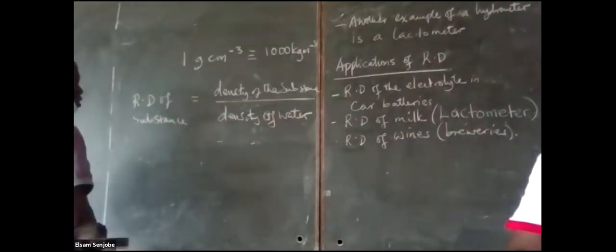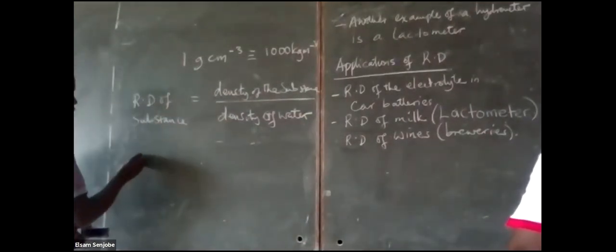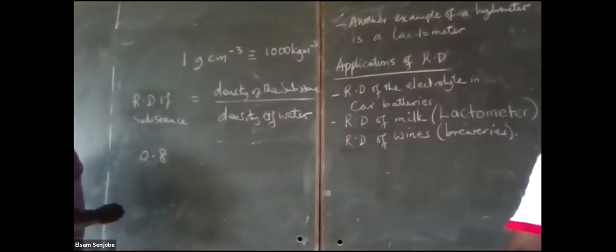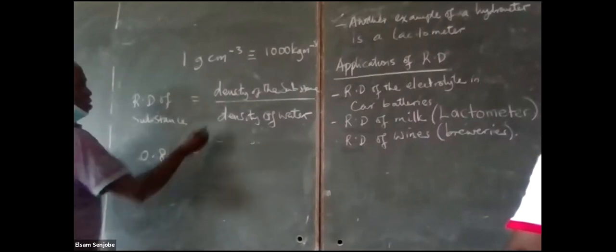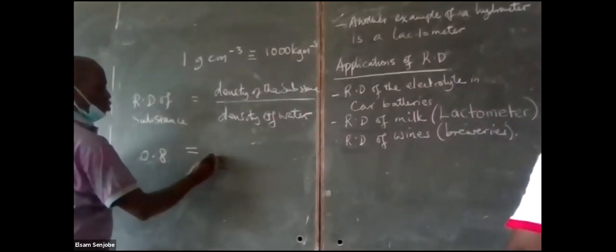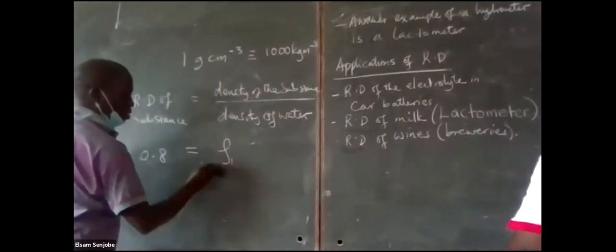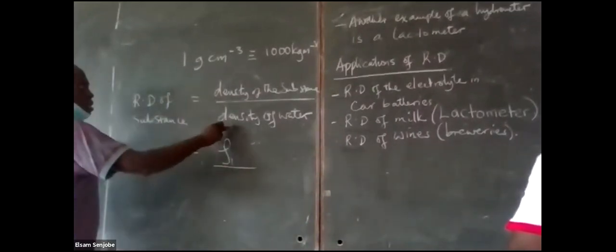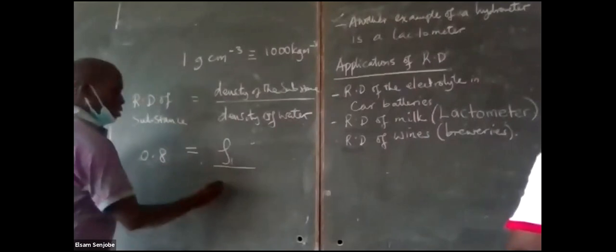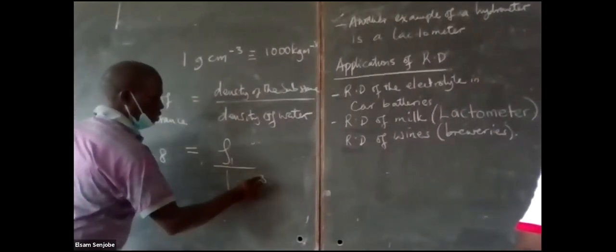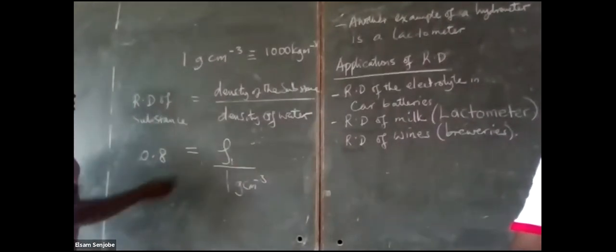Now, suppose you have got a reading of this density as 0.8. That's the relative density. And this side, you have the density of the substance, which we don't know. I'll call it density 1. And I'm using the density of water as 1 gram per cubic centimeter. How do I find that density?